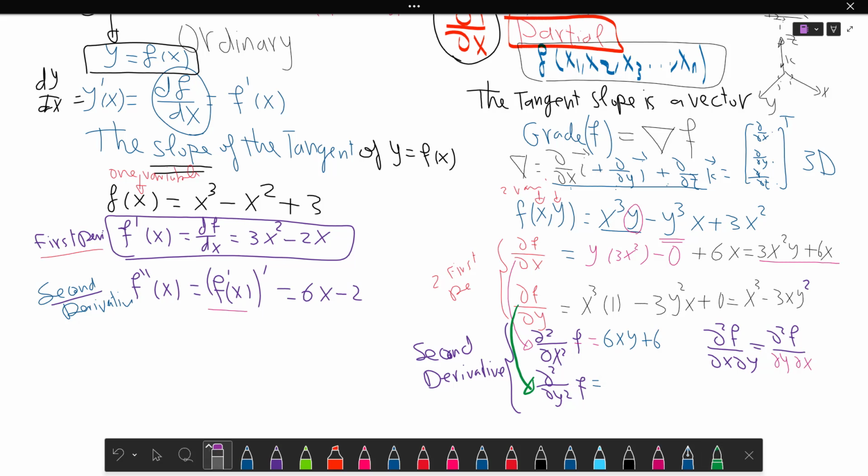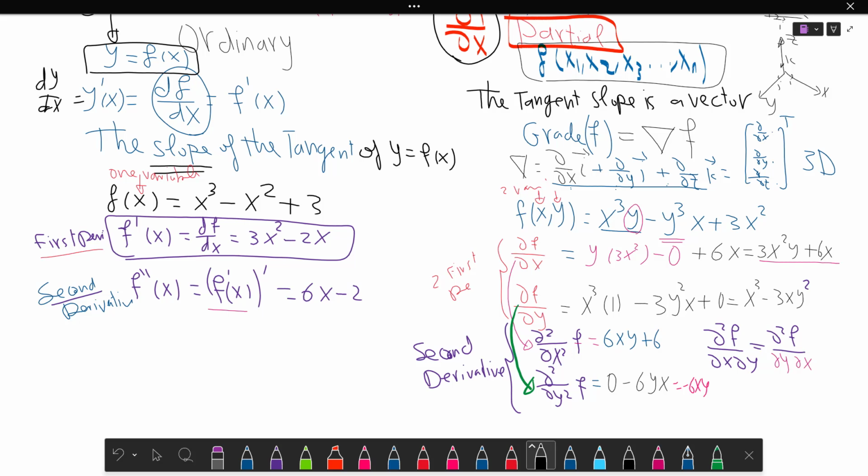You will learn from it. 0. Yeah, it's better to write 0 to remind yourself, right? So it is equal to minus 6xy, right?